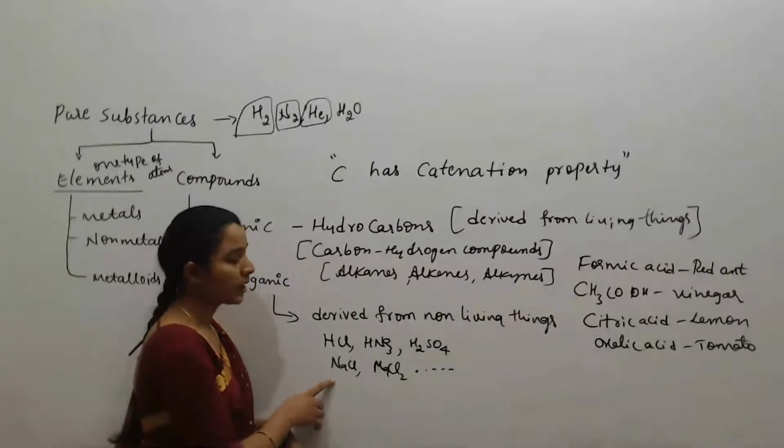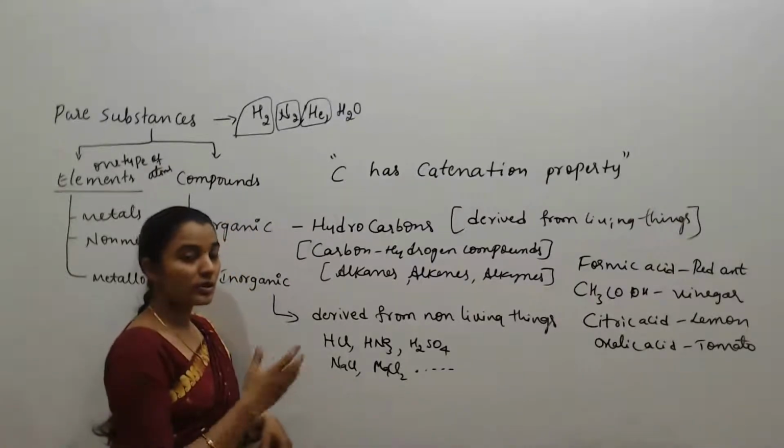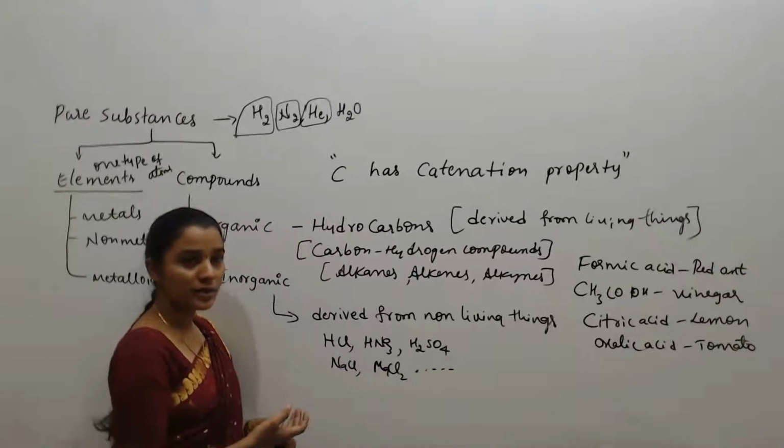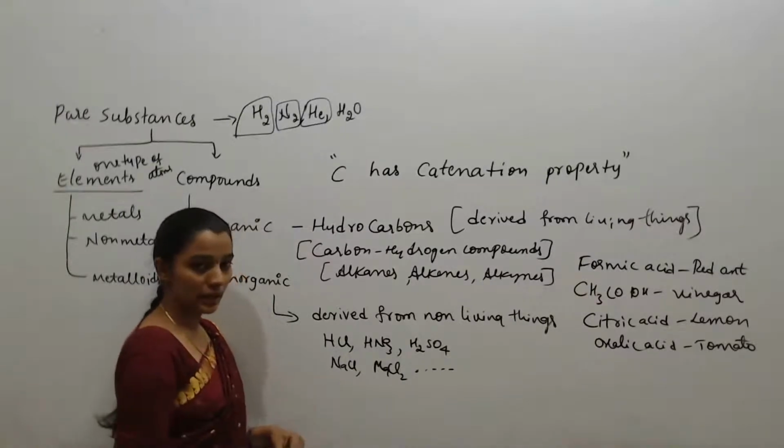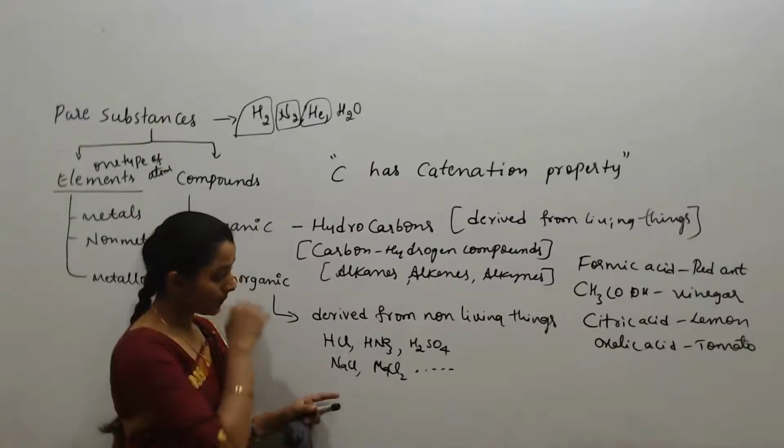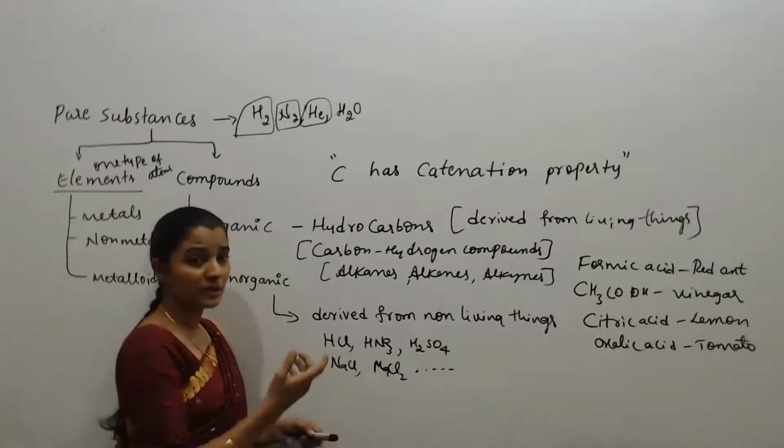Those are all what? NaCl salts. So these NaCl salts can be obtained from where? By using seawater. Seawater is the main source of this NaCl.